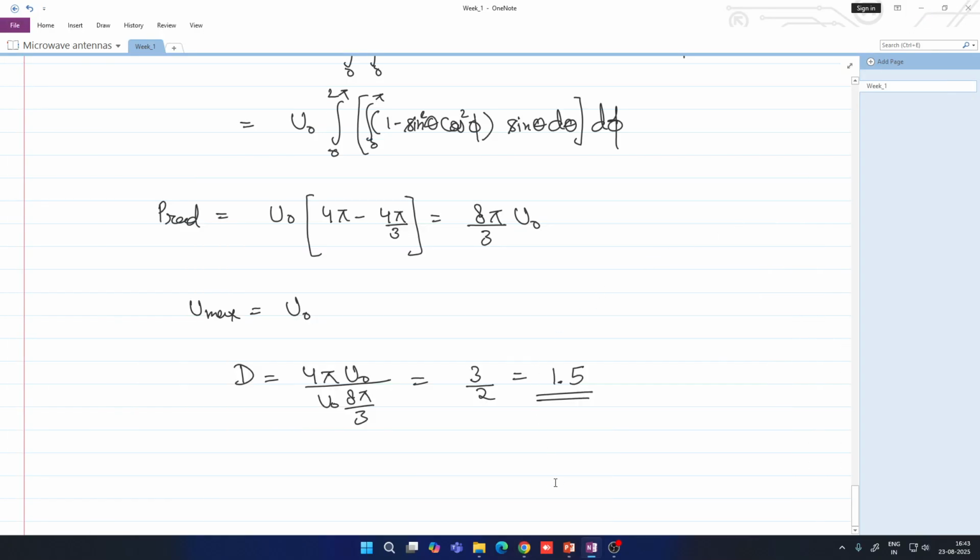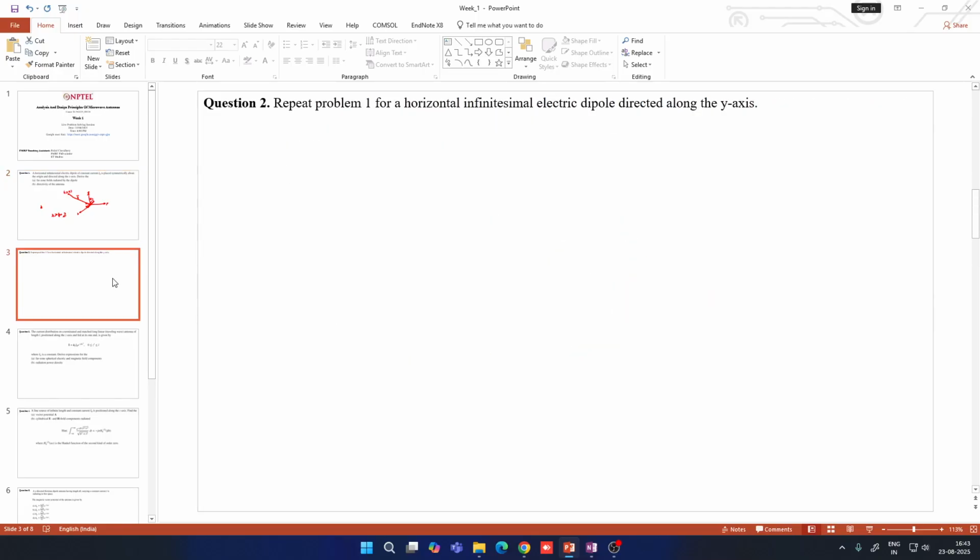If this is clear, we will move on to question number 2. Question 2 is: repeat problem 1 for a horizontal infinitesimal electric dipole directed along the y-axis.